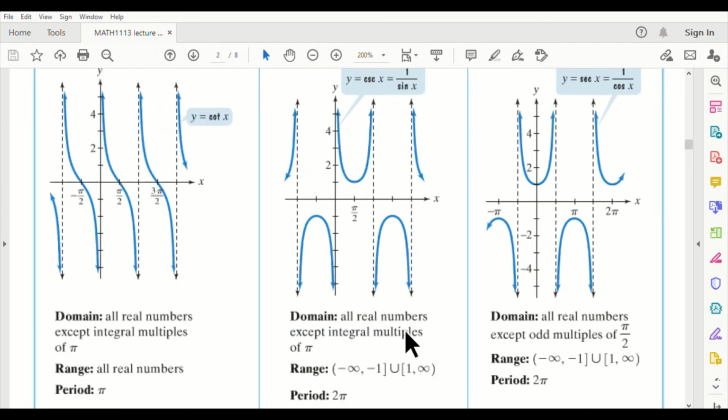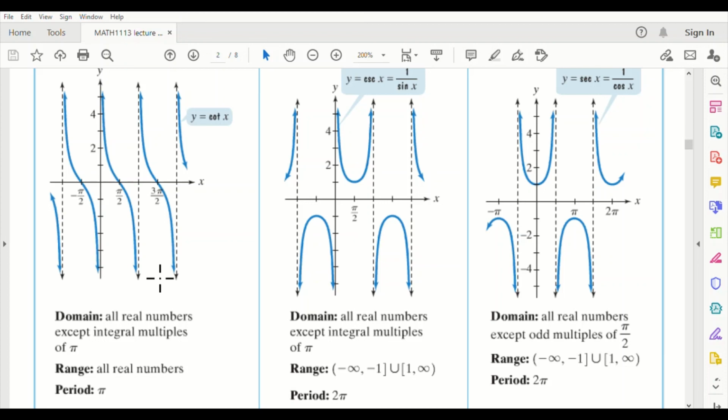Now let's talk about the other functions for a second. So here we have cotangent, and cotangent is just cosine divided by sine, and so its graph is going to be very similar to that of tangent, except it's a little bit shifted to the right and the lines are kind of going in the opposite direction in some way.